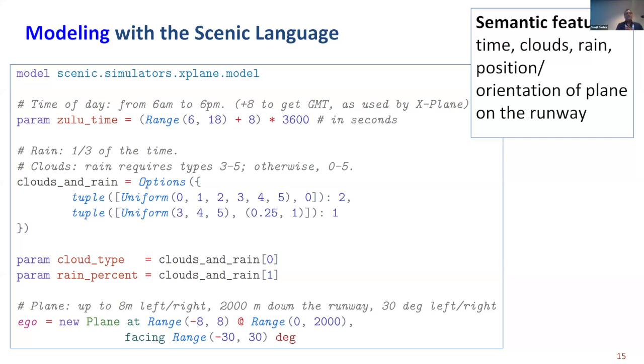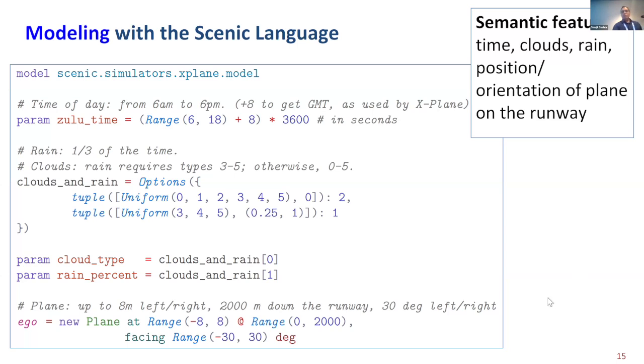Whether there are clouds in the sky and what kind of clouds there are, and this is something the simulator can set. Whether there's rain and how much rain there is, and the initial position and orientation of the plane on the runway. And so you see each of those things described here, time of day, clouds and rain, and then the position and orientation down there. Okay, so that's it. That was the SCENIC program, very simple at that point.